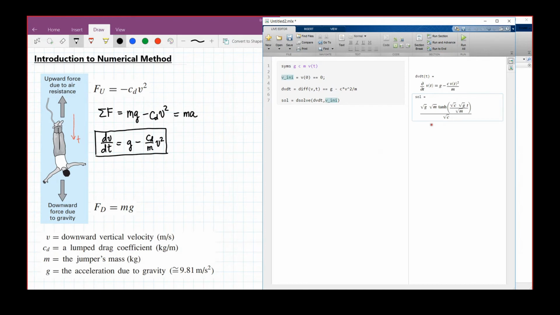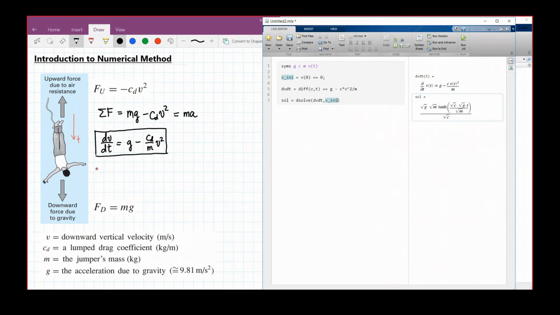Okay. So if, for example, you do not have your computer right now, and you do not have MATLAB, then you just want to solve this algebra by hand, you'll end up with this solution. Okay.